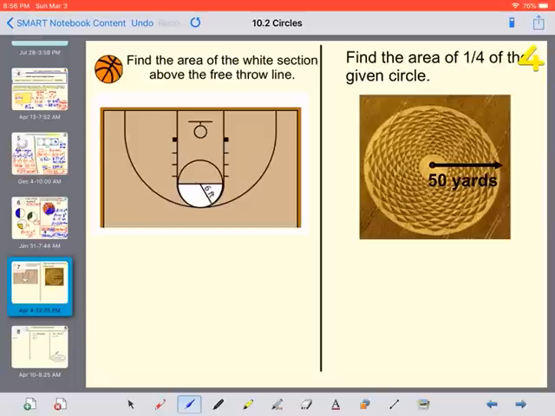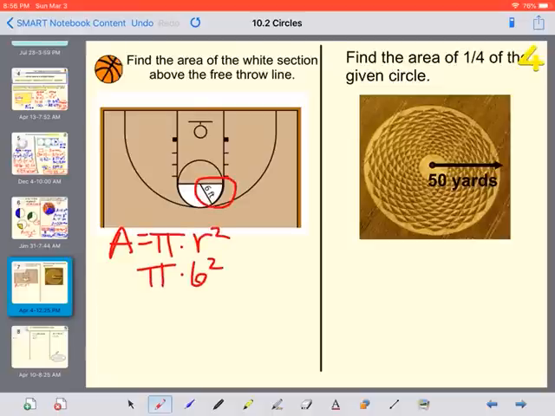Let's do a couple more like that. Find the area of the white section above the free throw line. So this portion right here. Well, let's find the area of the entire circle first, which is pi times radius squared, and we know our radius right here is 6. Well, 6 squared, 6 times 6 is 36.